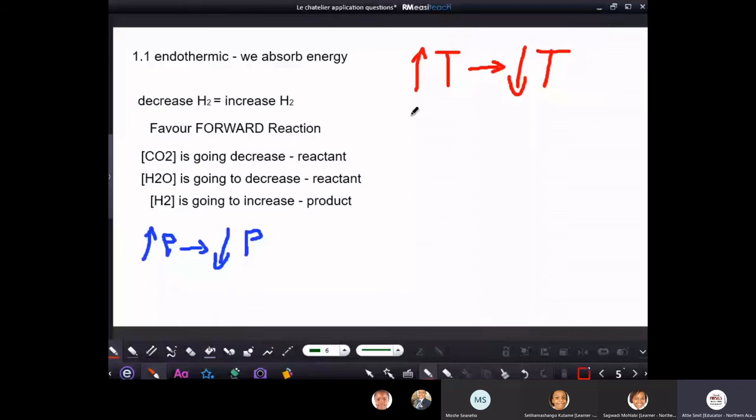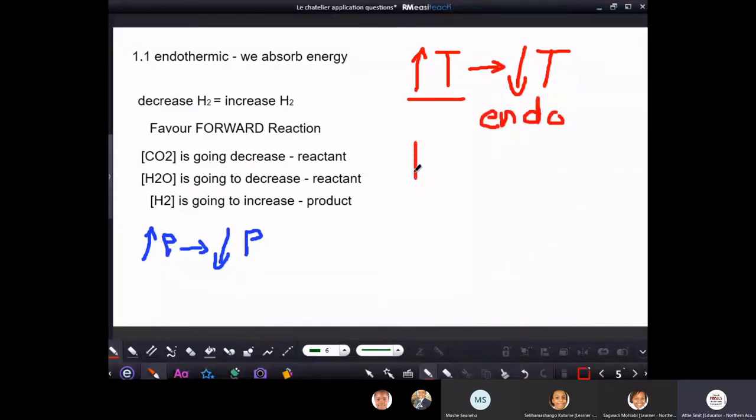It is very clear in your notes as well. An increase in temperature will always favor the endothermic reaction, because endo lowers the temperature.